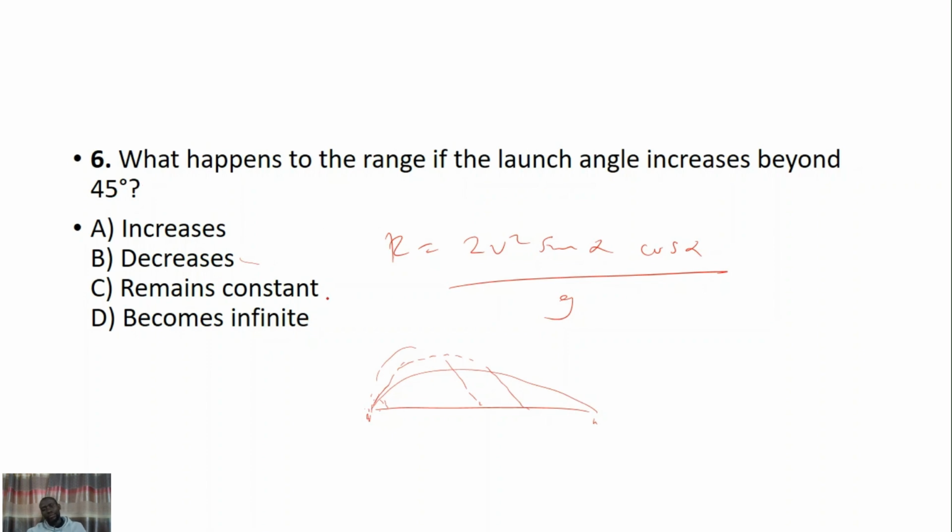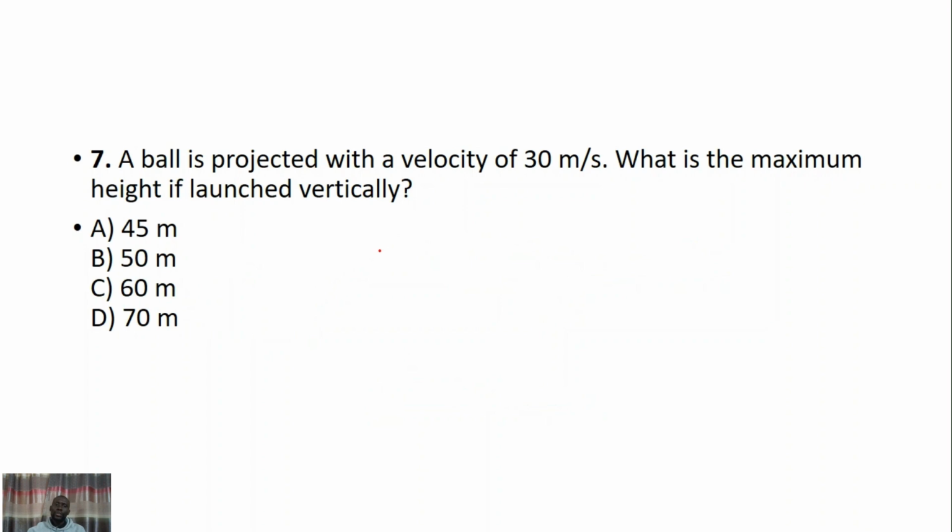Okay? A ball is projected with a velocity of 30 meters per second. What is the maximum height if launched vertically? So, if launched vertically, it means the whole of the vertical axis has the initial velocity. Okay, so this is very straightforward. Okay, we know the final velocity will be zero.